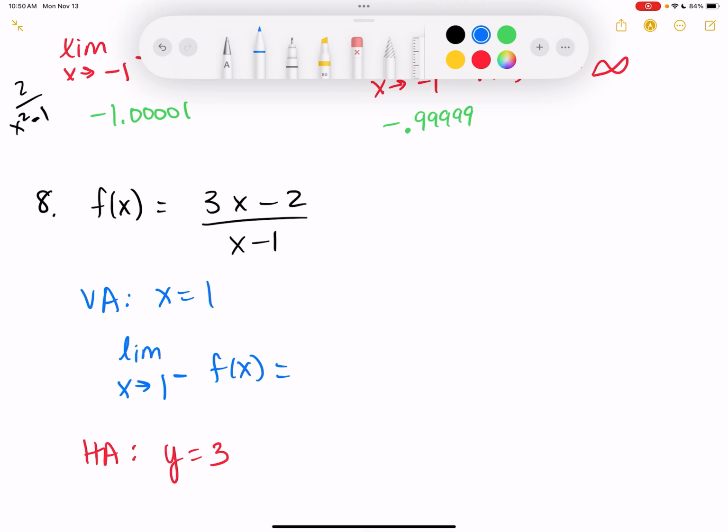I've got 3 times 0.99999, which won't change drastically, because that's still around 3, minus 2. So it's still going to be positive. On the bottom, I've got basically negative 0.0001. So a positive number divided by a really small negative number produces what? Yep, negative infinity.